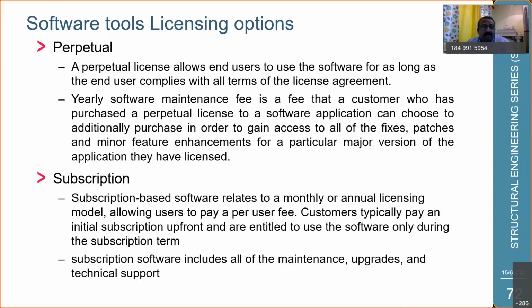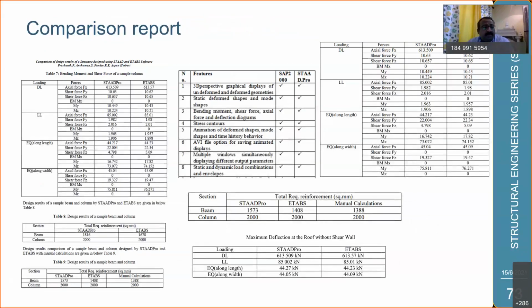That is possible. And when I went through the different tools on the comparison side, on the analysis and design and the detailing and drawings and calculation, most of the tools give almost the same results for standard conditions, like regular and irregular types of modeling.